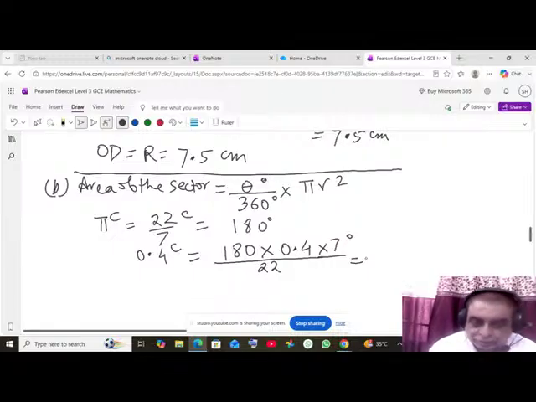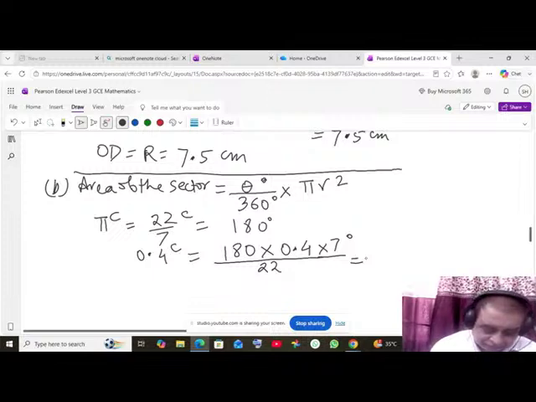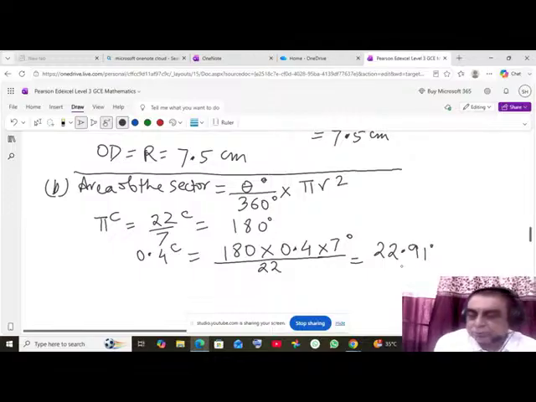Multiply 180 by 0.4, then by 7, and divide that answer by 22. Approximately, not the exact figure, this comes to 22.91 degrees when rounded to the second place. I am explaining it to you.